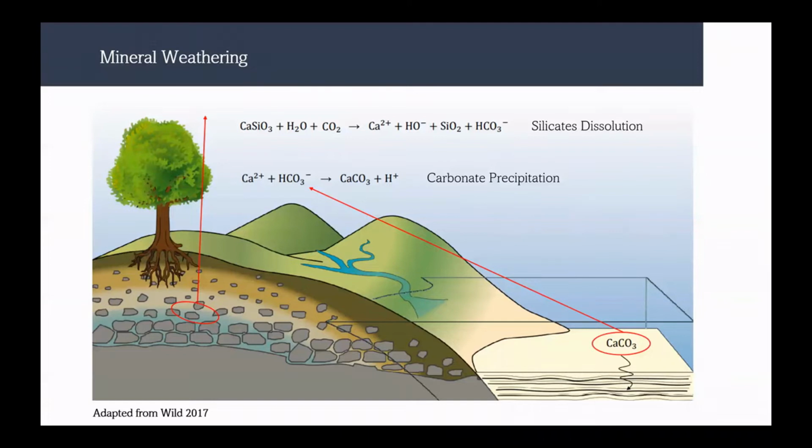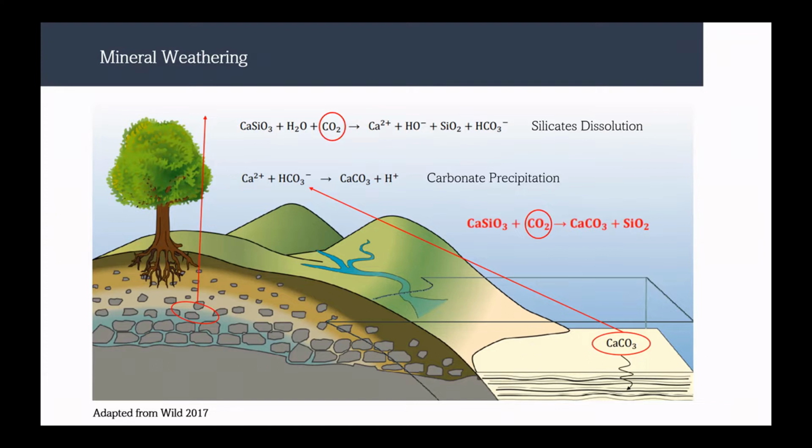First of all, why could it be important to study mineral weathering in the first place? Mineral weathering is involved in the geochemical cycle of many elements, based on a series of dissolution and precipitation processes. Here, for instance, there is the weathering of silicates, which results in a consumption of CO2.